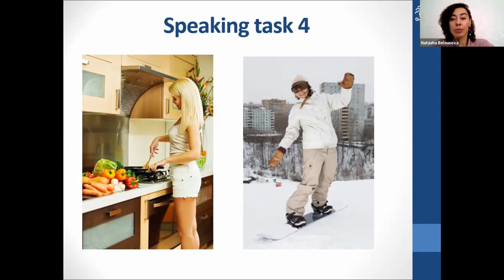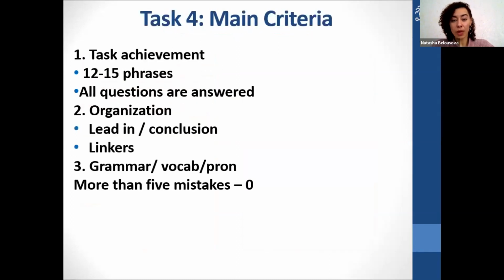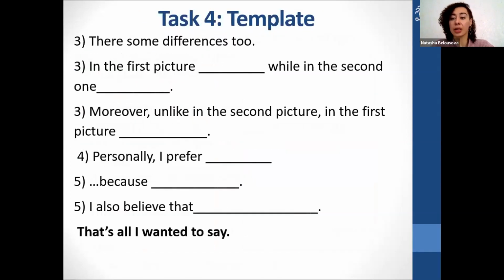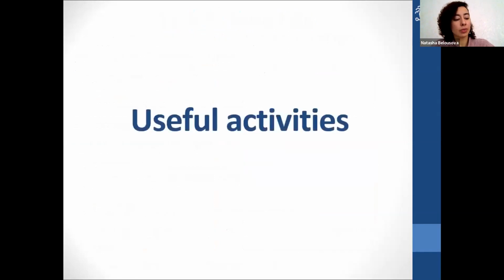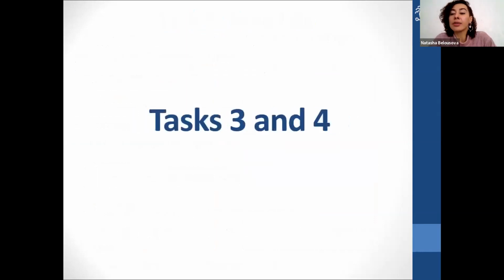Okay, we move on. Keep asking questions if you suddenly realize you forgot to ask something. And we have a few more minutes for some other useful activities. The first activity, which I think is very helpful to develop some useful skills for task 3 and 4, namely the ability to describe the picture, the ability to notice what is in the picture, because it doesn't always happen.